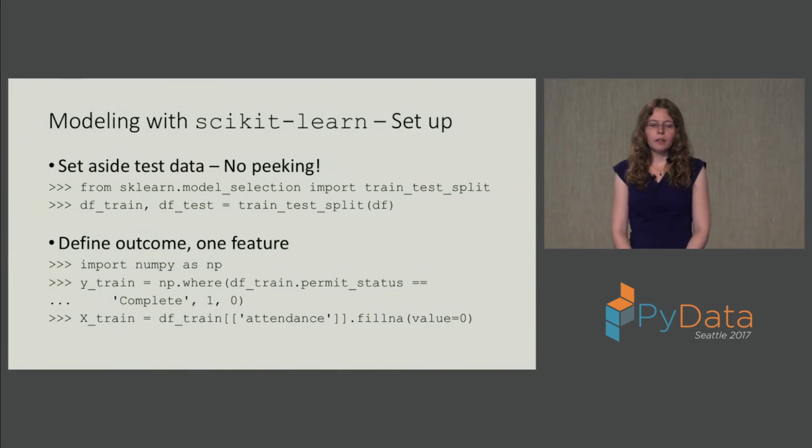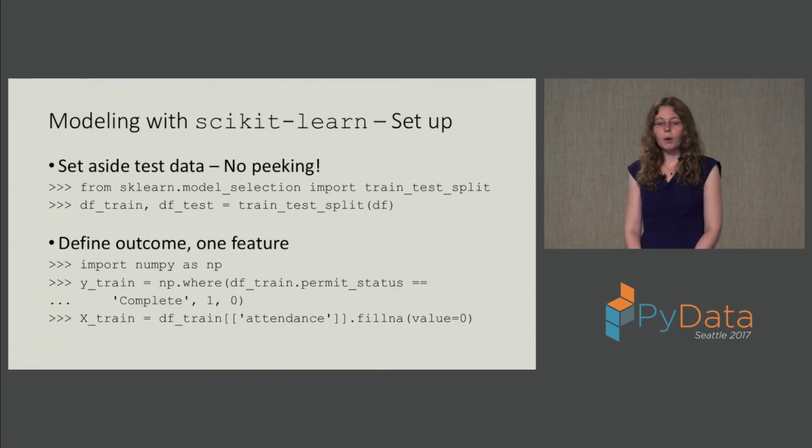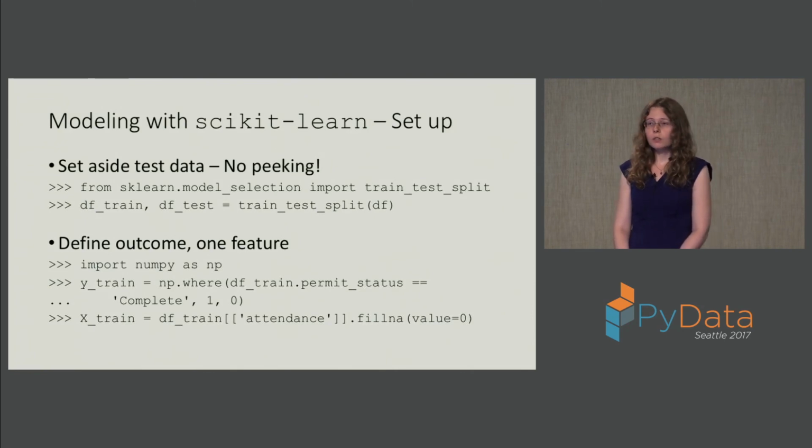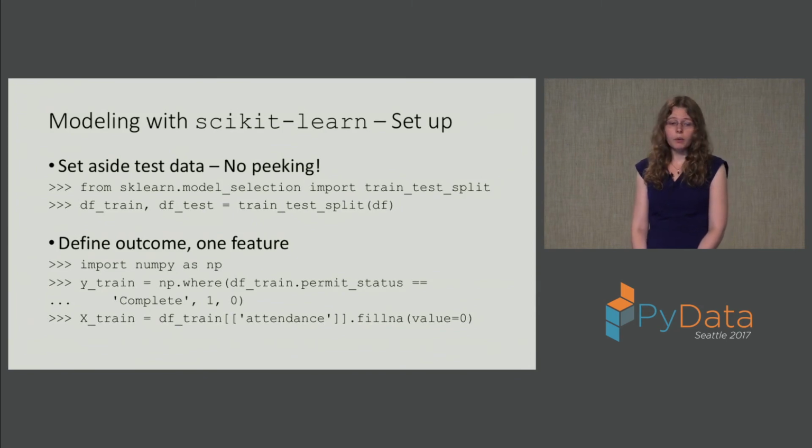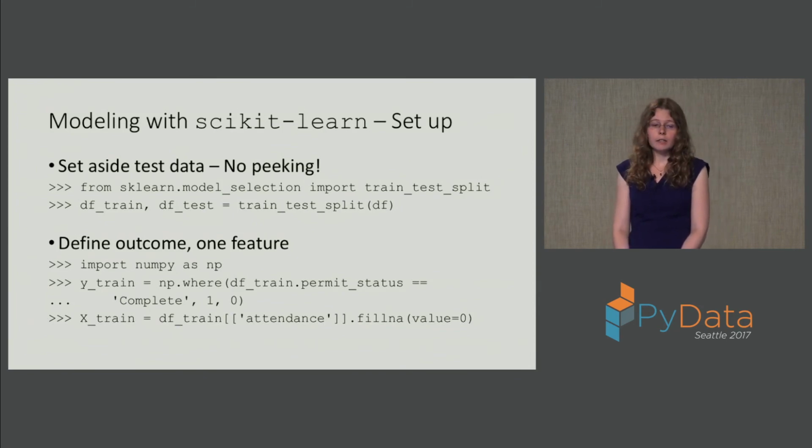Then we'll define the outcome using the numpy where function. This just turns the permit status, whether it's complete or not, into a 0, 1 column. And then because this is a very simple model to start out with, we'll use the one numeric feature in the data set, which is the attendance.